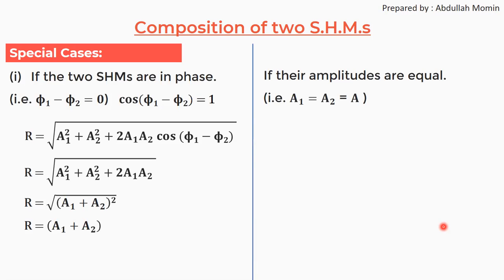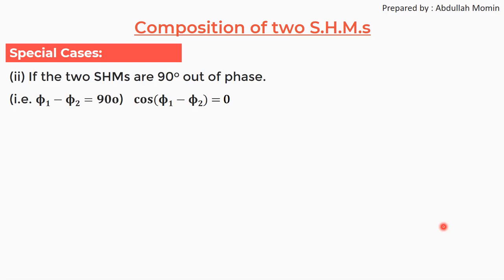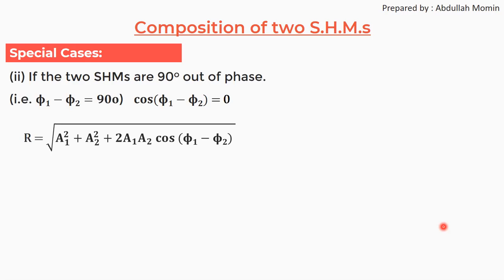Now if their amplitudes are equal, then a1 is equal to a2 is equal to a. So we will write r as a plus a, that means 2a. Now second case, if the two SHMs are 90 degree out of phase, that means the phase difference phi 1 minus phi 2 is 90 degree and cos 90 is 0. So we are going to put the value of cos phi 1 minus phi 2 as 0 in this equation of r, which is r is equal to root a1 square plus a2 square plus 2a1 a2 cos phi 1 minus phi 2.